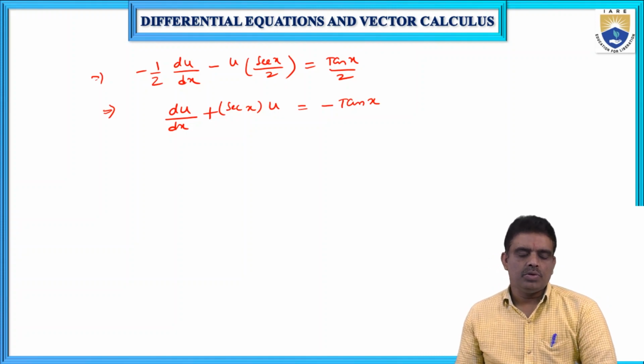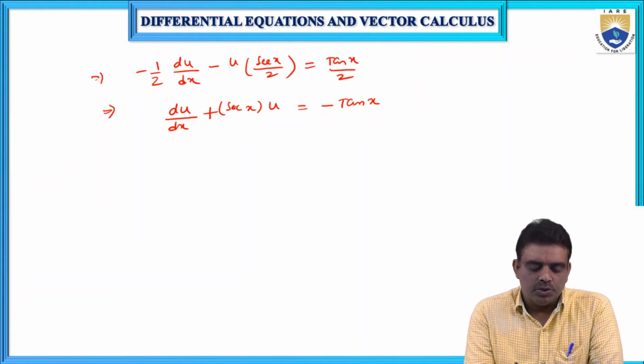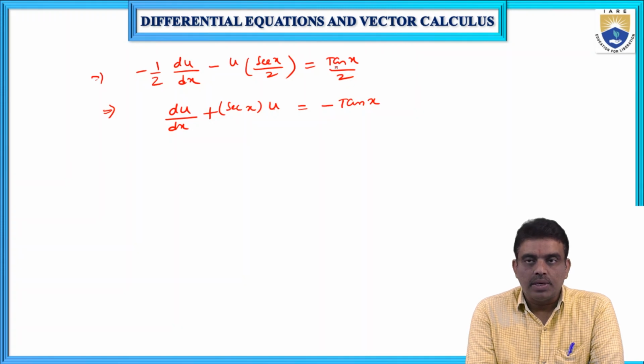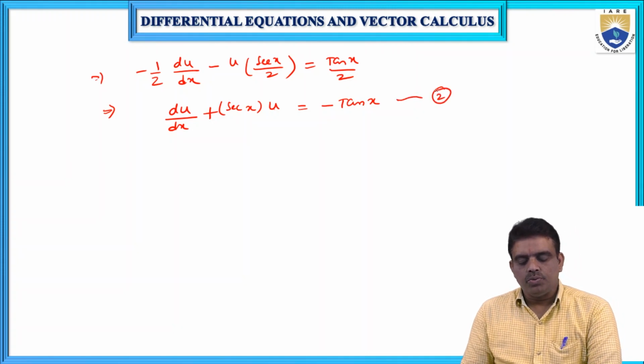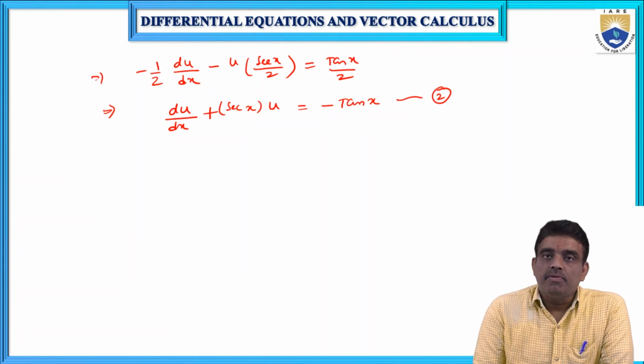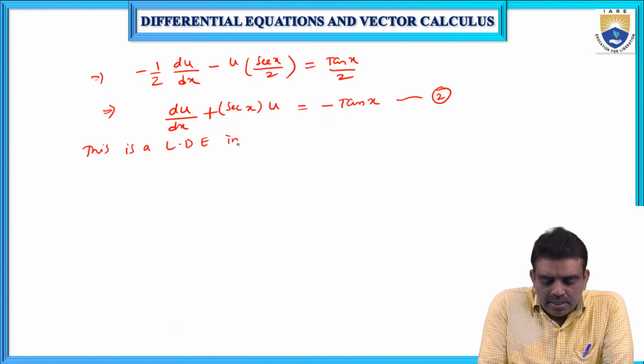On multiplying throughout the equation by minus 2, the 2 cancels, the minus cancels: du by dx plus u secant x, and on the right, minus tan x. That is equation number 2. Now it is in the form of a linear equation. This is a linear differential equation in u.